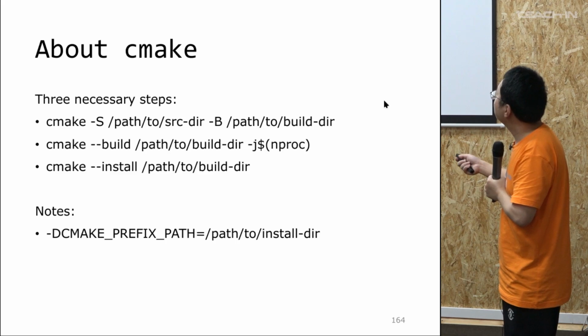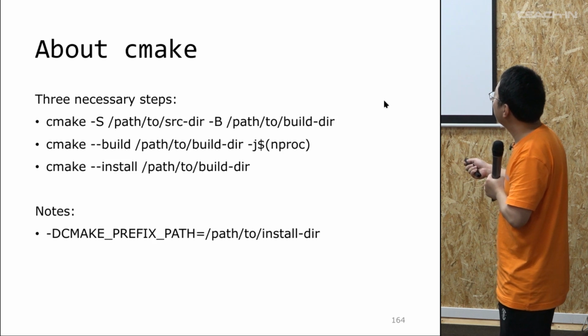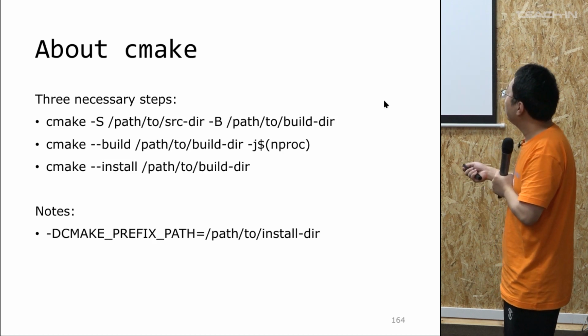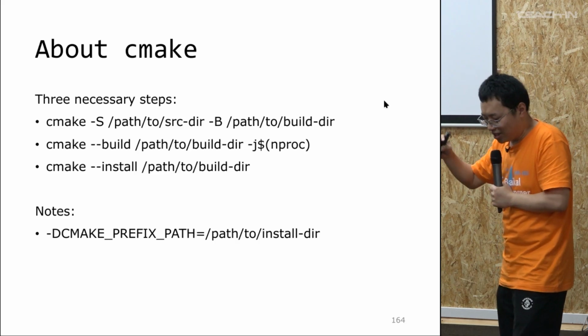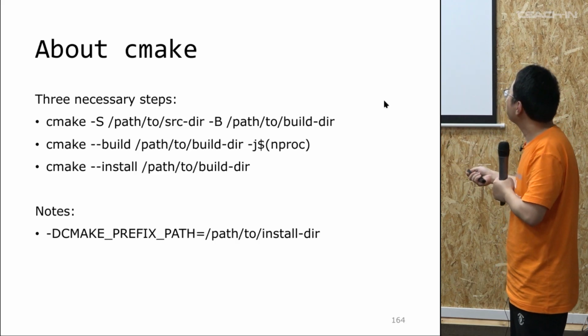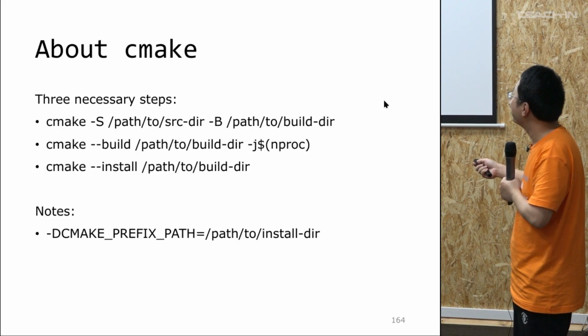After you configure the project successfully, you need to run the build. You just specify the build directory. You can also specify how many threads you want to use to build this project. If your project is a huge project, sometimes this is very necessary.